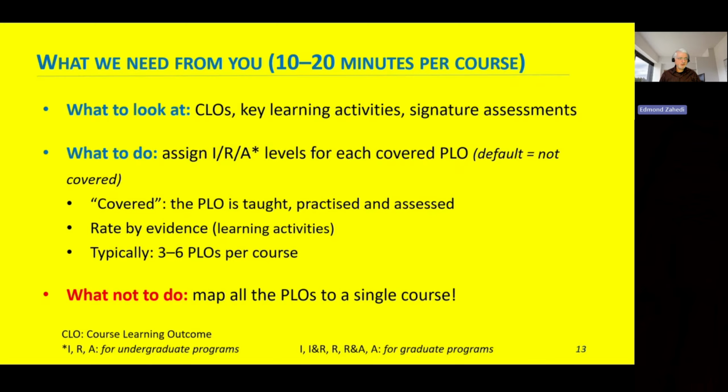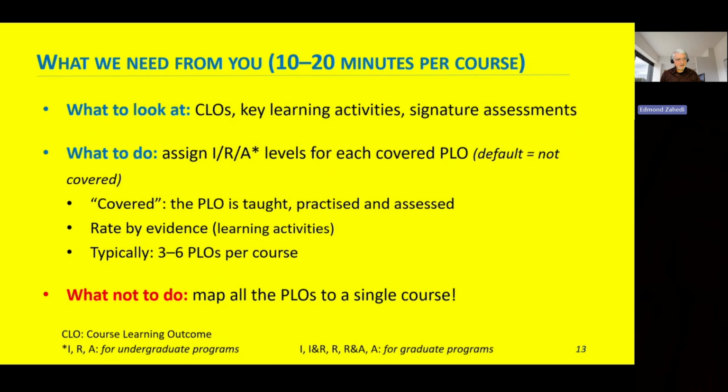What the instructor should do then is to determine the level, I, R, A, for undergraduate programs, and for graduate programs you have 5 levels. So determine at what level each PLO is covered, if it is covered.